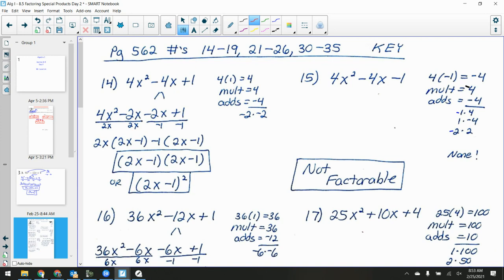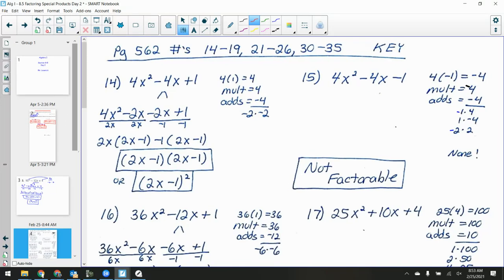So 14, my answer should have been 2x minus 1. Or if you want 2x minus 1 squared. 15 is not factorable. That's one of the ones that's not factorable.